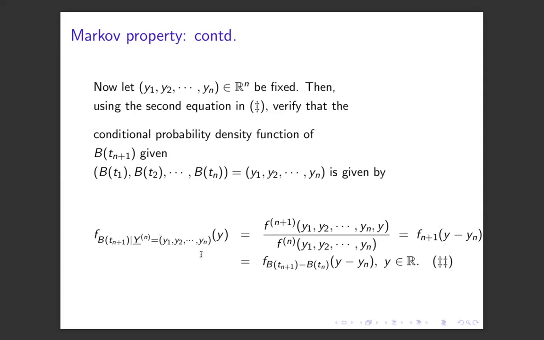By definition, which we have seen earlier in the first few classes of this semester, this is equal to the joint probability density function of Bt1, Bt2, ..., Btn and Btn plus 1 at this point, Y1, Y2, ..., Yn and Y, divided by the one corresponding to n.